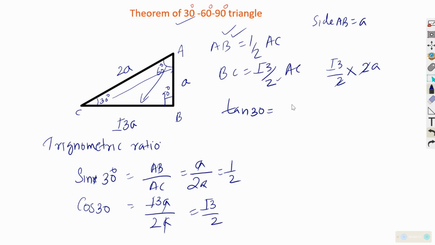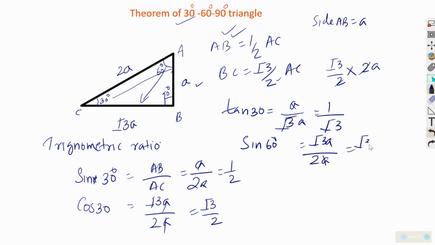Opposite side is A here, this one. Adjacent side is root 3A. A will get cancelled, you will get 1 upon root 3, the value of tan 30. The same way, if I write sin 60, this is 60. Opposite side is root 3A upon hypotenuse 2A. A gets cancelled, we get root 3 upon 2.